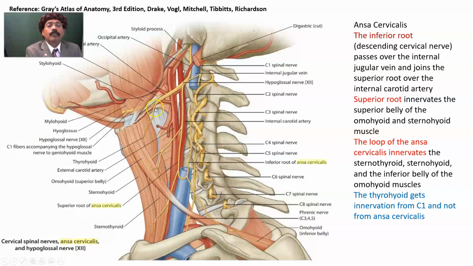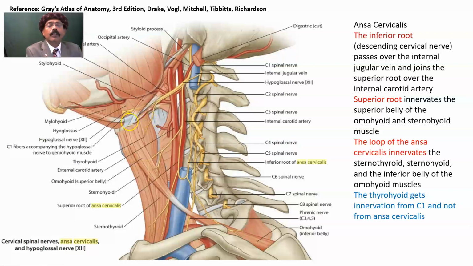It is from C1. The loop is here, and this is the C1 still going through to innervate this muscle. So the loop is here, splitting here, but a lot of fibers of C1 go to supply the thyrohyoid muscle.